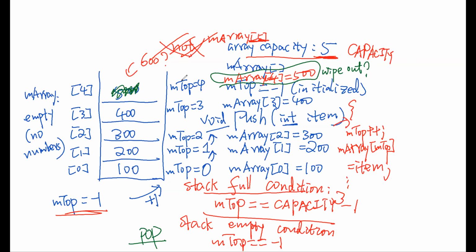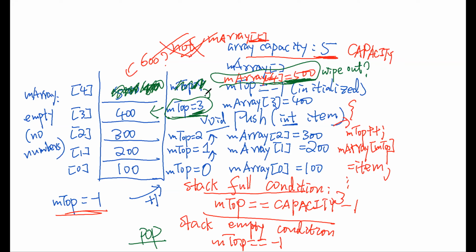The only way is to make my top index point to this 400. So that 500 is basically not in the stack, but it's still in the array. That M array sub 4 still holds 500, but your top index changed.